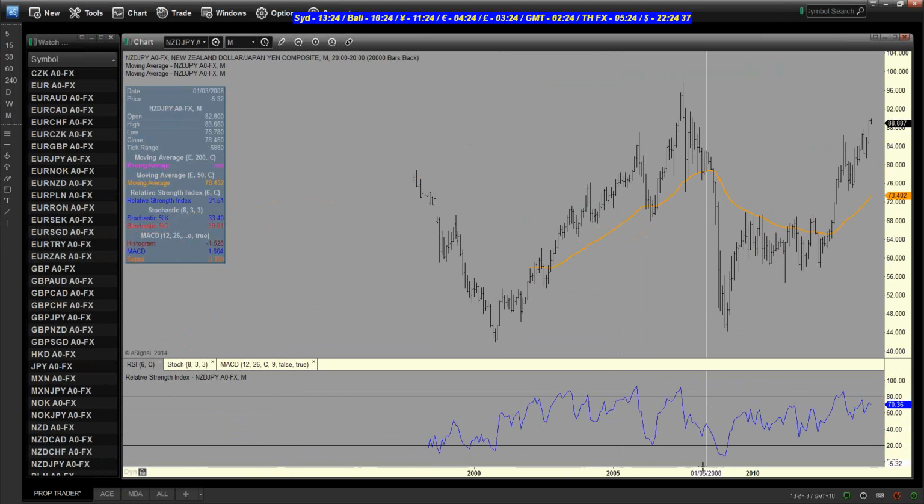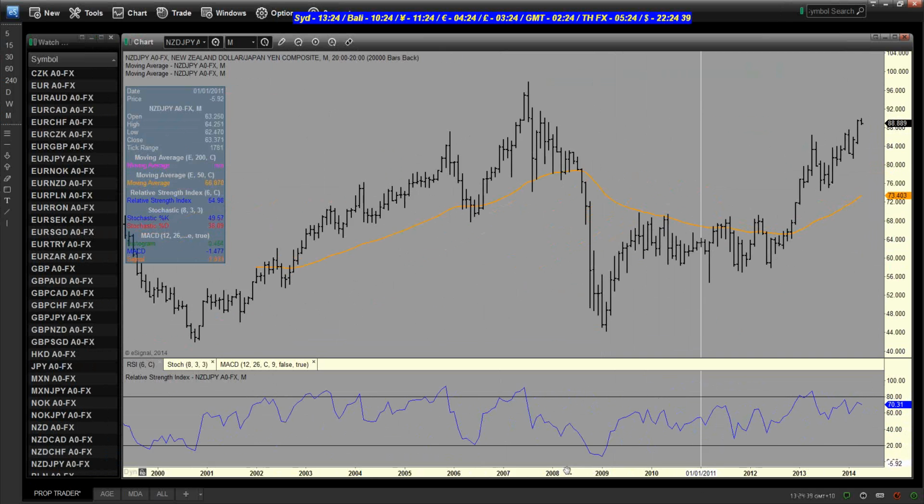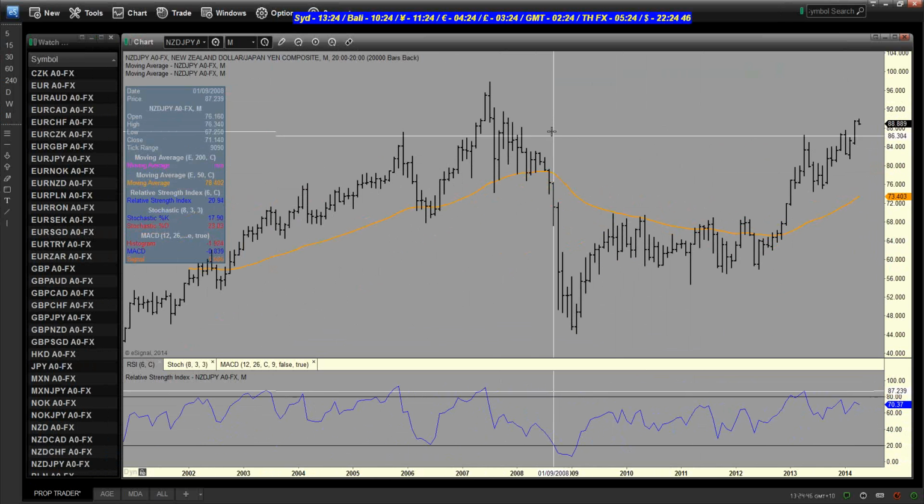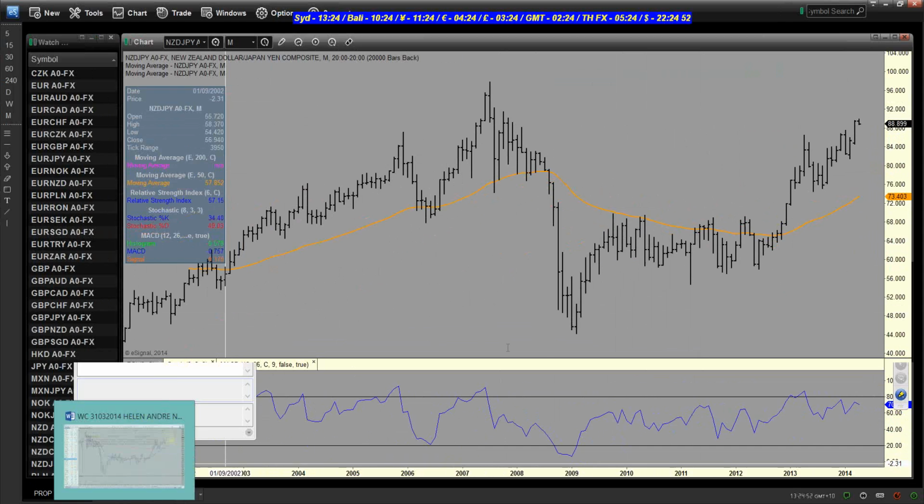Yeah, even there, it's going back 15 years. It's not hugely strong. That's the strong one. Yeah, so I don't like the trade.